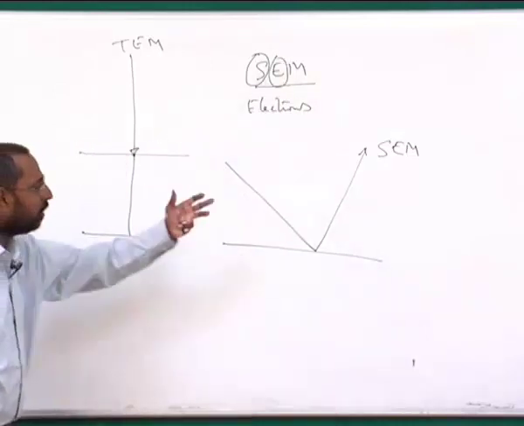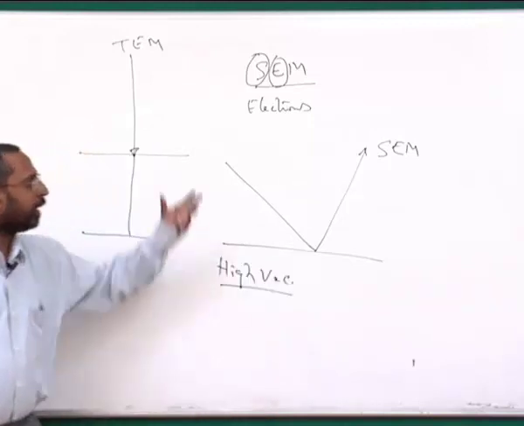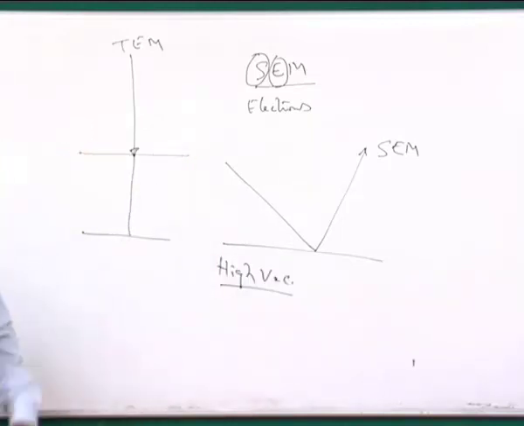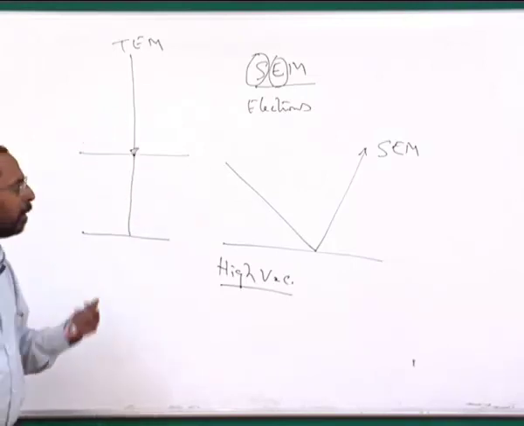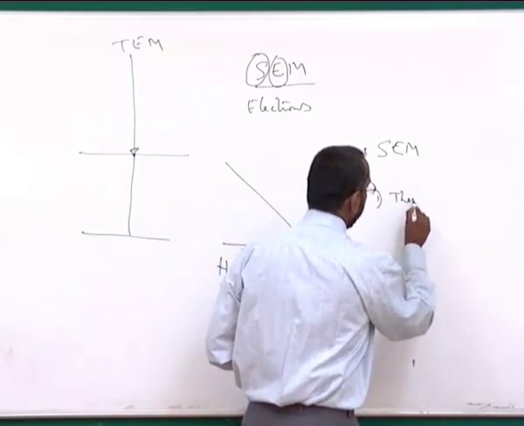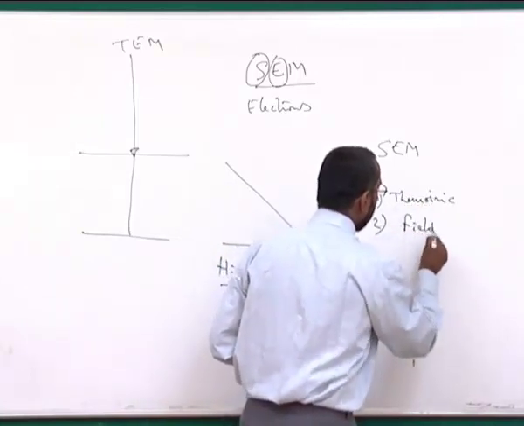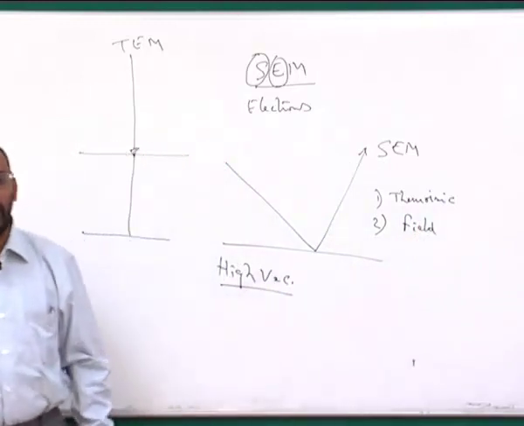When I say a chamber that can accommodate, basically what we mean is, because we are talking about electrons, in both these techniques what you need is a high vacuum so that these electrons are not scattered away by the gas molecules, and as a result you need a chamber in which these electrons are generated by, again, the same two techniques that we talked about earlier, the first one being thermionic emission, the second one being field emission.